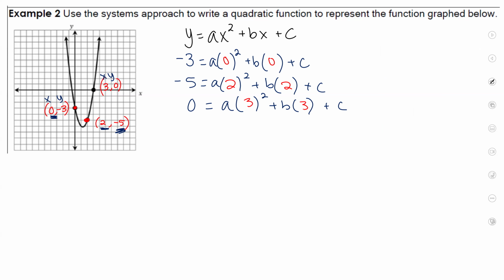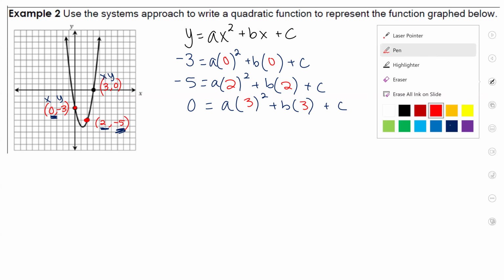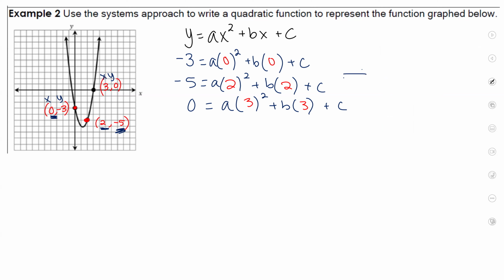All right, so let's simplify it. Okay, so I get negative 3 equals, that's 0, that's 0, c. That was nice. Let's simplify the next one.